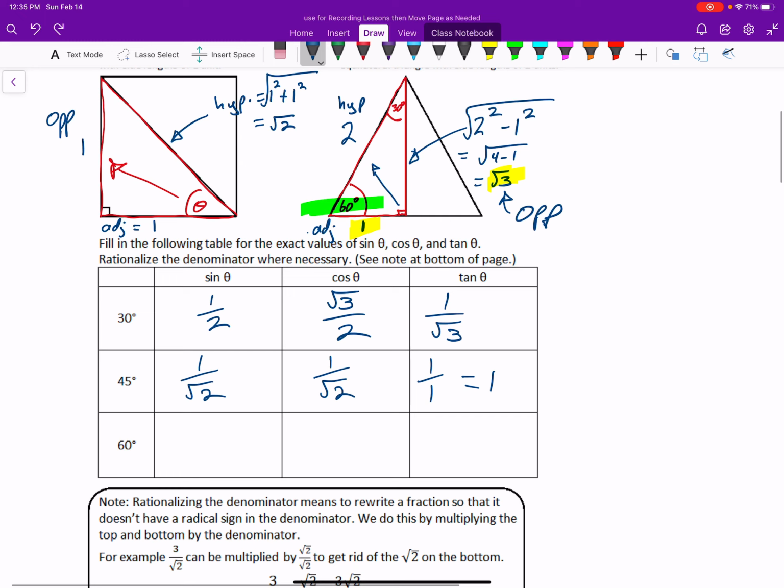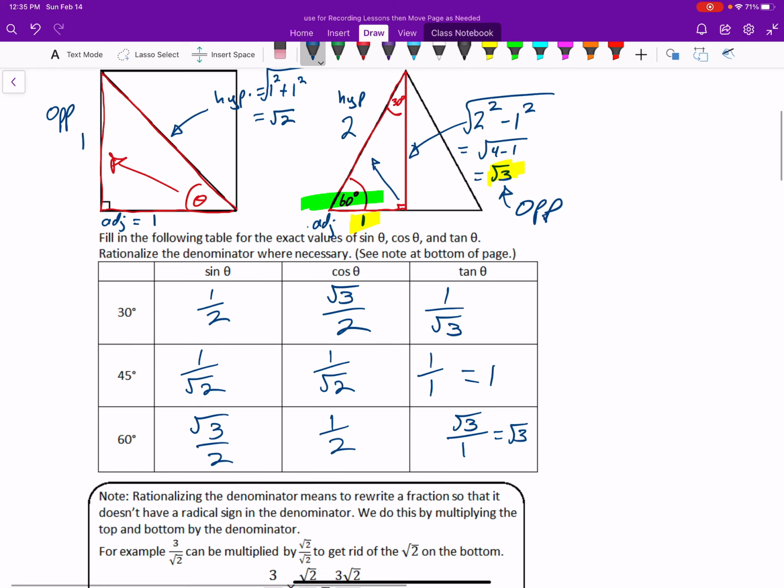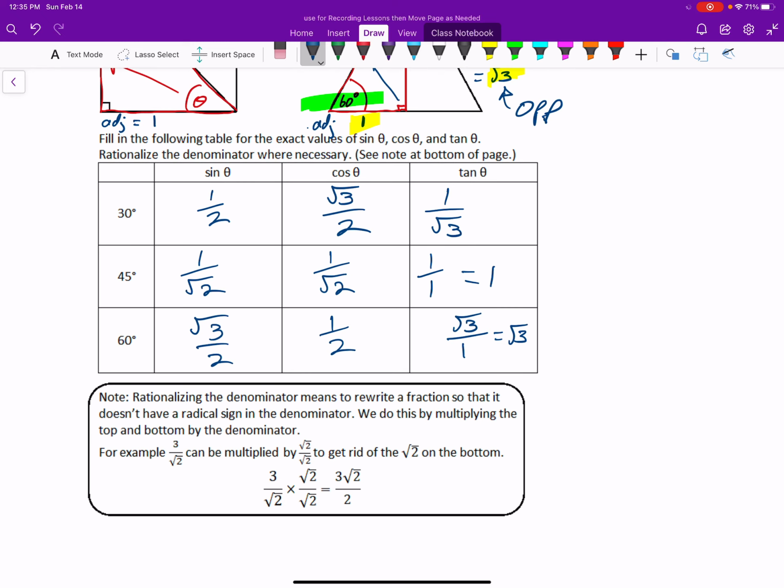So with that in mind, sine of 60 degrees would be root 3 over 2. Cosine would be 1 over 2. And tangent would be opposite over adjacent, root 3 over 1, which is just root 3. That's fine to leave them like this.